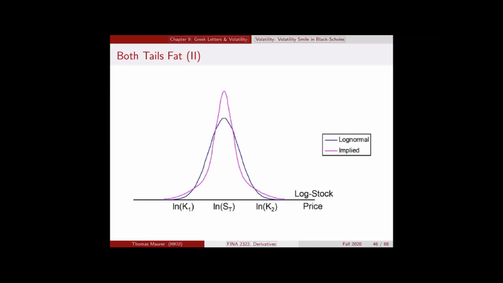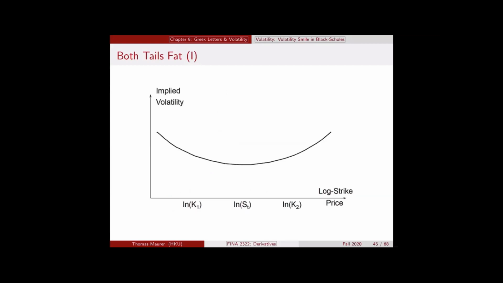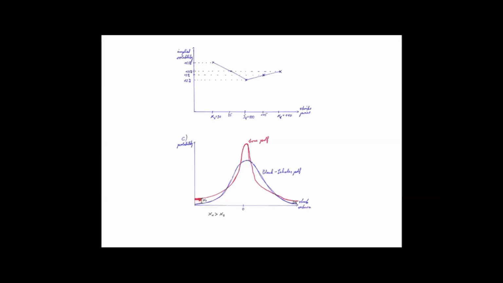So I'm going to argue that this distribution function of returns corresponds to a volatility smile in the Black-Scholes formula. And I want to explain that with a drawing which I also use in the problem sets. Let's suppose this is the true distribution function of returns. This should be the same as what I have shown on the previous slide. Here I've drawn it by hand, so it maybe doesn't look as nice.